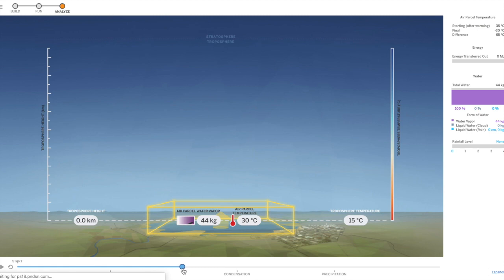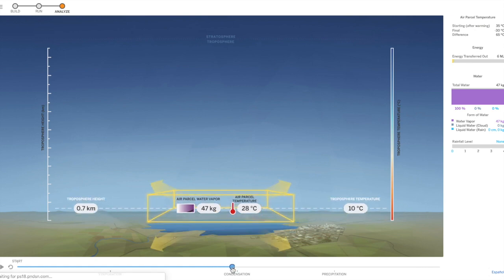So the highest temperature is 35 degrees Celsius. That is what the water vapor reaches. And right now, the outside temperature of the air particle is 15 degrees. Now, I want to get the air particle to 15 degrees.